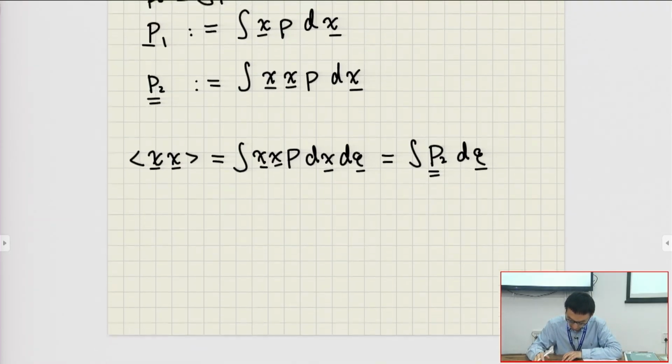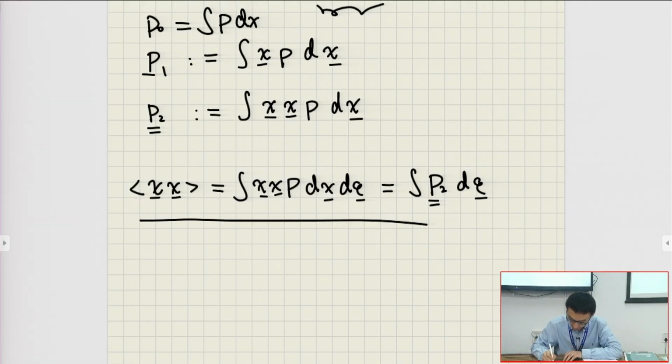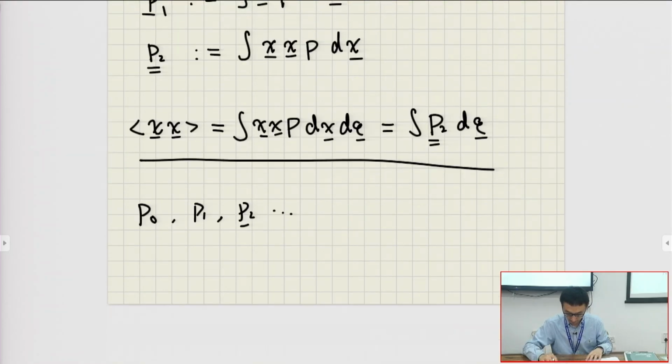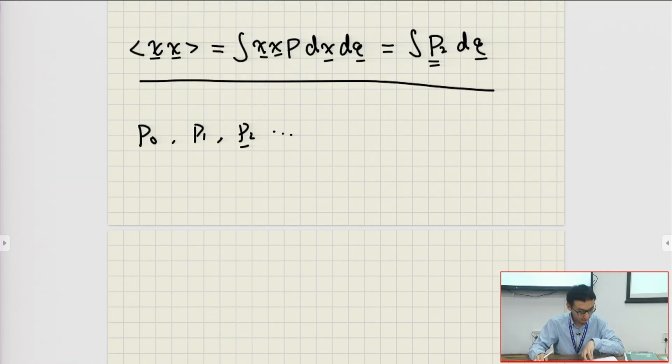Now essentially if we can find equations for P naught, which we already have, P1, for example, P2, then we can solve those and get all the mean squared, or the third moment, and so on and so forth, as one would like. So that's what we can do, and I'm going to do this one now.